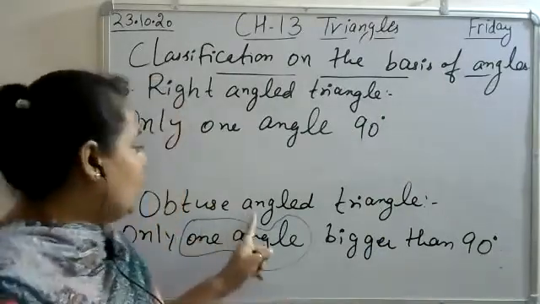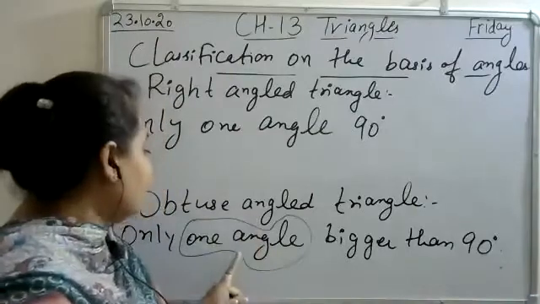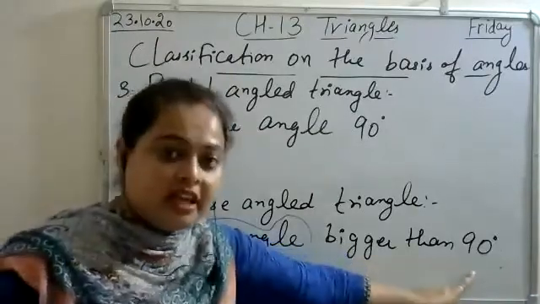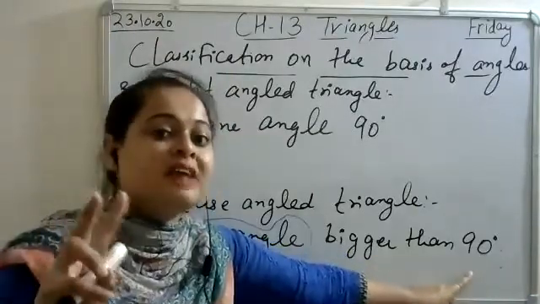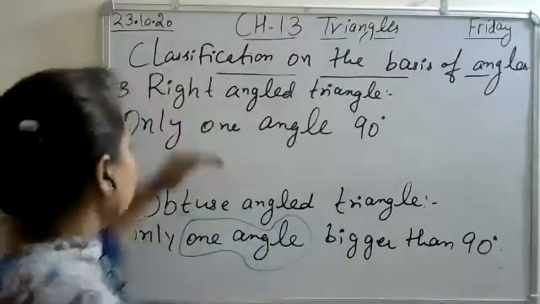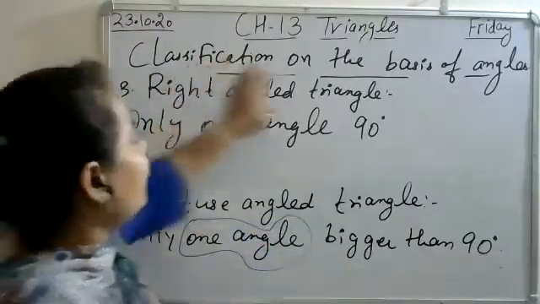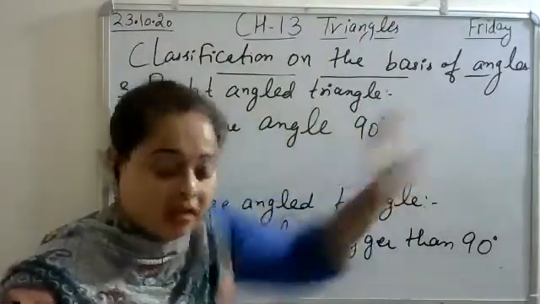Similarly, in an obtuse angled triangle, one angle is bigger than 90 degree and the rest two angles are acute. So, this is the concept of classification on the basis of angles.